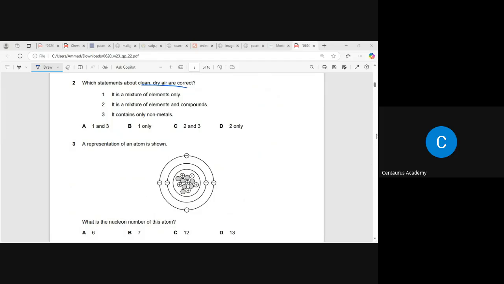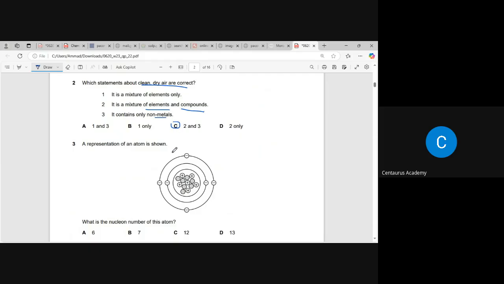Okay, we've got answers. So C, yes, C is the right answer. Good. It is a mixture of elements. You also have compounds. You have argon, you have nitrogen, you have oxygen, you also have carbon dioxide, you have water vapors, okay? And it only contains non-metals and nothing else, okay? So C is the right answer choice.